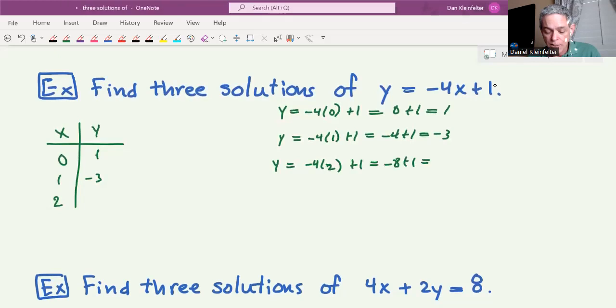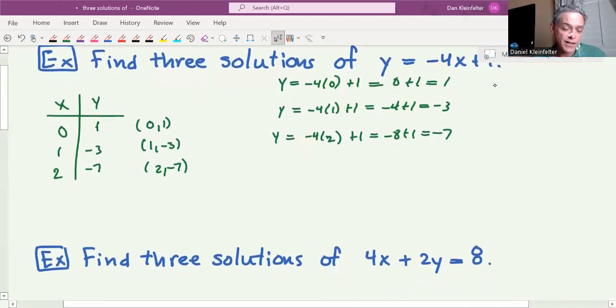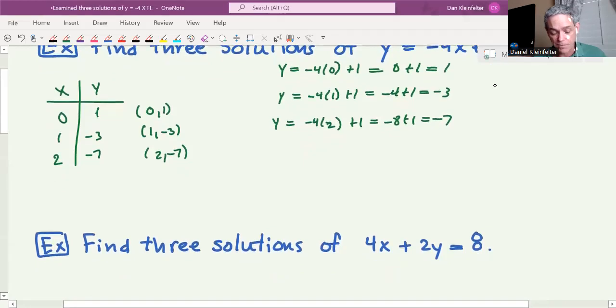Negative 8 plus 1 is negative 7. So the pairs are 0, 1, and 1, negative 3, and 2, negative 7. Okay, like I said, you probably chose different x's than I did, and that's okay. But you should be able to tell how you've done by substituting in your x's and calculating y's.